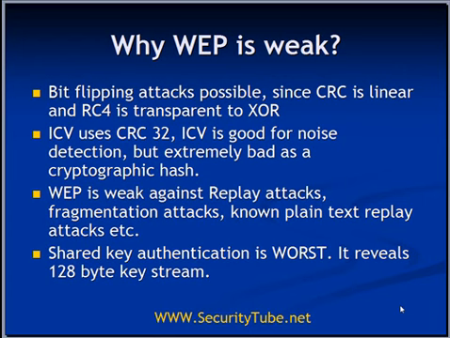If we know, say, the first 20 bytes of the key stream, then we can fragment the packet, each fragment being 20 bytes. And since we know 20 bytes of the key stream, we can generate a legitimate packet, and if we use fragmentation, the receiver will be able to join all these fragments together to create a complete packet.